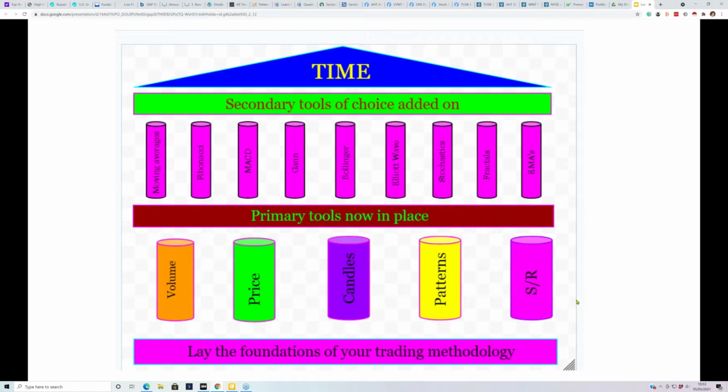On top of that, you can add your own indicators: moving averages, Elliott wave, Bollinger Bands, whatever you like to use as a way of helping you make a decision. All these indicators work perfectly well.